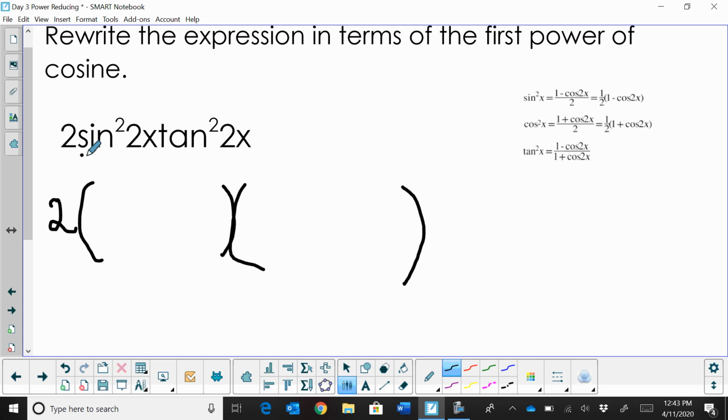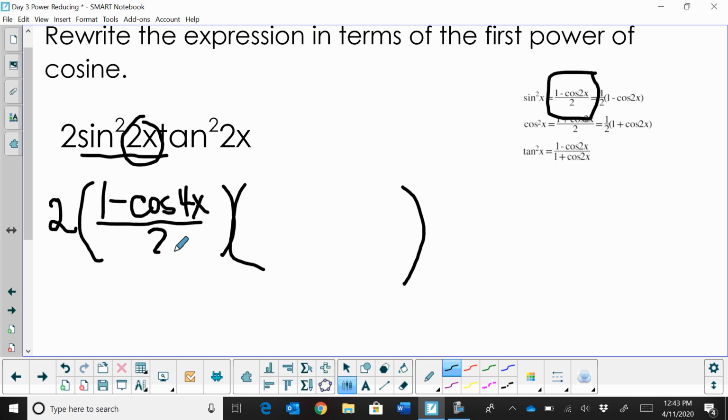So sine squared of 2x, I'm going to use my power reducer right here. That's going to be 1 minus cosine, and then I have to double my angle. So we're starting with the 2x, so that's going to be a 4x all over 2.